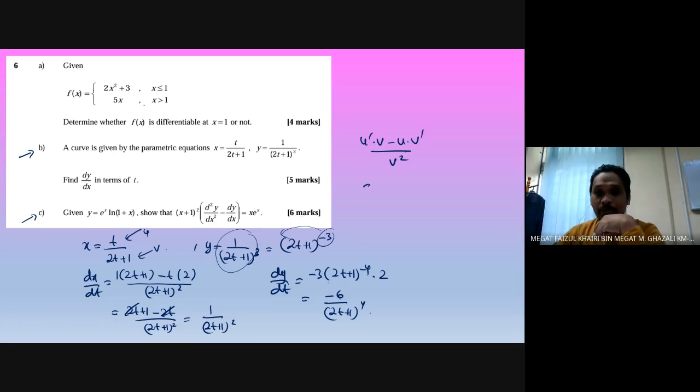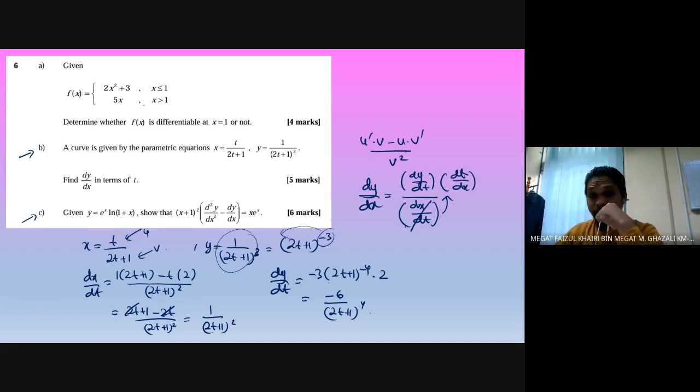So, dy/dx equals dy/dt divided by dx/dt, or if you bring that here, it becomes dt/dx. Okay, so dy/dt is negative 6 divided by (2t plus 1) to the power of 4, and dt/dx.